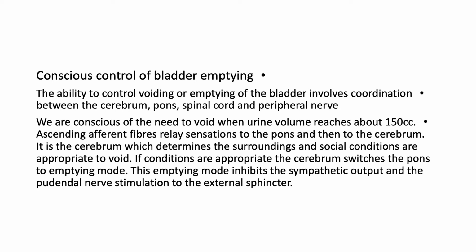So the first urge to urinate is when the bladder contains 150 cc of urine, and we will start to look for an appropriate place for the toilet when it becomes 300. And as we said before, there is coordination between the sympathetic and parasympathetic supply to the organ to control the storage and emptying of its content.